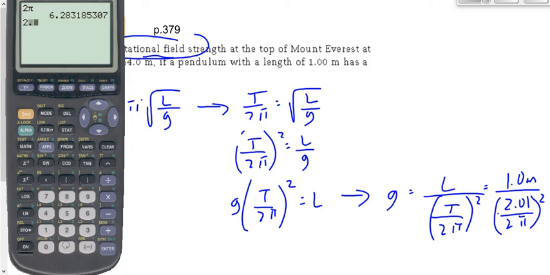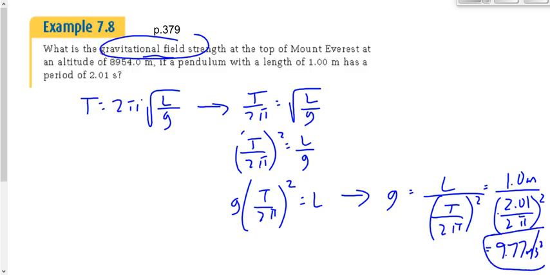Now let's say 2.01 divided by that number. Gives me 0.3199. That's what's inside the brackets. Now I've got to square that, and I get 0.102 on the bottom. Now I'm going to say 1 over that, or what's another way of doing 1 over that? We could just say x to the minus 1. It gives me 9.77 meters per second squared.